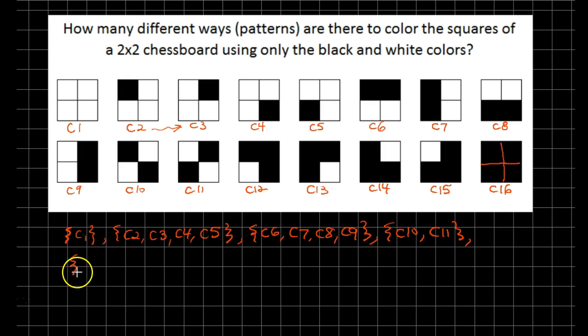We also have coloring C12, C13, C14, and C15, which are essentially the same, and finally coloring C16. So ultimately we would have only 6 different coloring patterns on a 2x2 chessboard using only black and white colors.